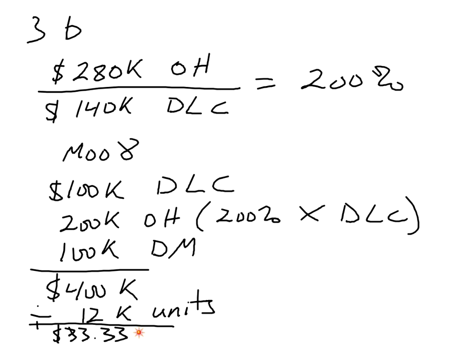So it's a pretty big difference, 140,000 versus 200,000. And then it changes our total unit cost quite a bit too, from $28.33 to $33. So again, it's important to try to pick an allocation method that's the most accurate based on the company that you're working for.